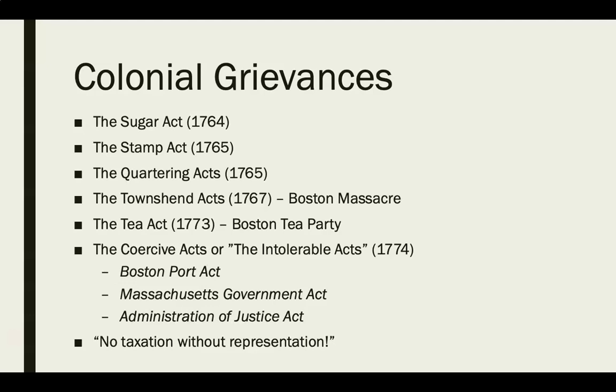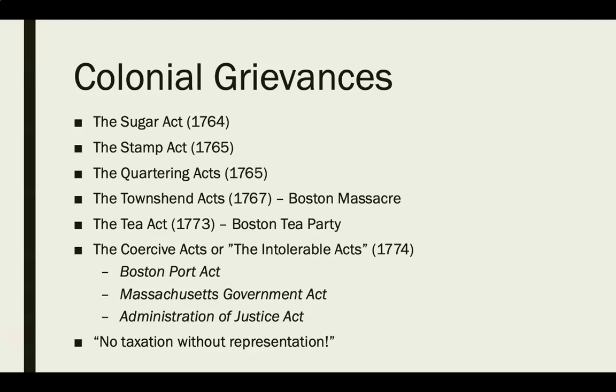On all published papers in the colonies, there had to be an official stamp from Great Britain, and the stamp was taxed. So with these first two acts, we see that the British are asserting their authority over the colonists for the first time, and the colonists don't like it because they've known this idea of salutary neglect their whole lives, and they just don't understand, so they get upset.